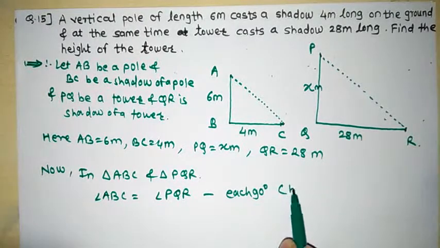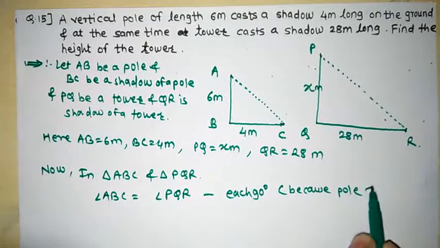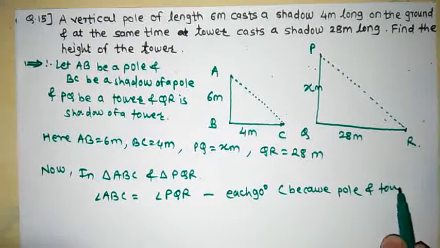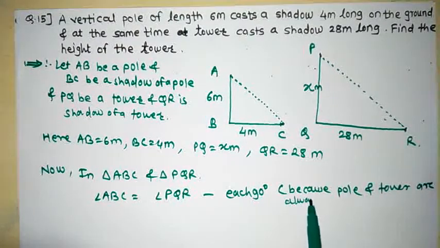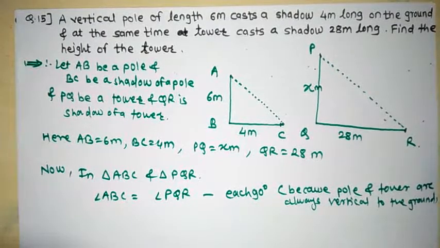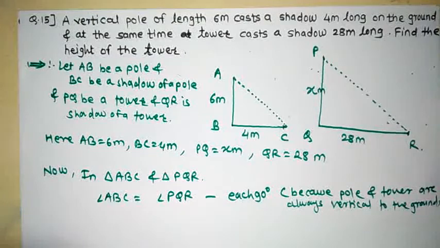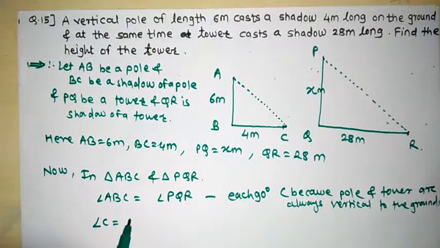That is because the pole and tower are always vertical to the ground. Pole and tower will be vertical to the ground, therefore this angle is a 90 degree angle.